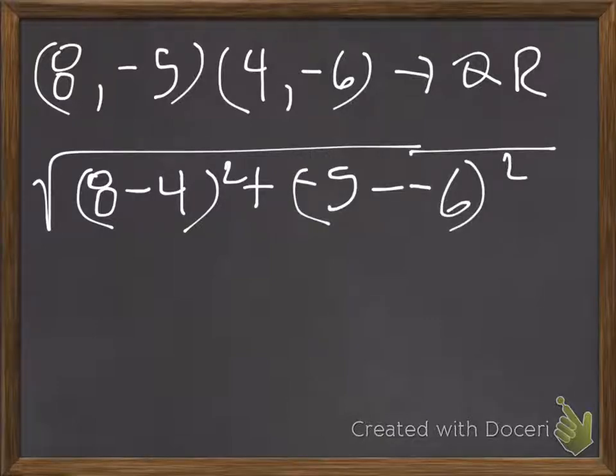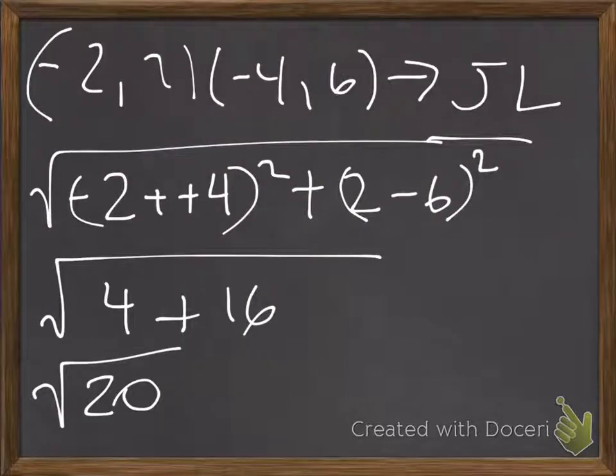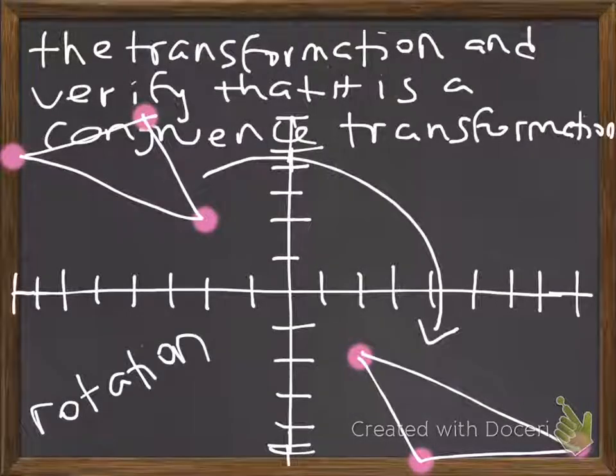That's 4 squared, which is 16. And then negative 5 plus 6 is 1. So 1 squared is 1. That's the square root of 17. That matches KL.